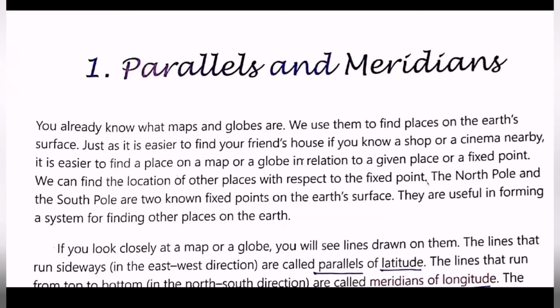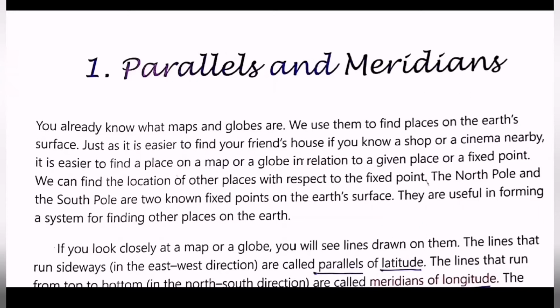But to remind you again, I'll explain that maps and globes help us to know our world better. A map shows the places on a flat surface, whereas globes are spherical in shape, but both show the physical features of a place or an area. So we use them to find places on the earth's surface.